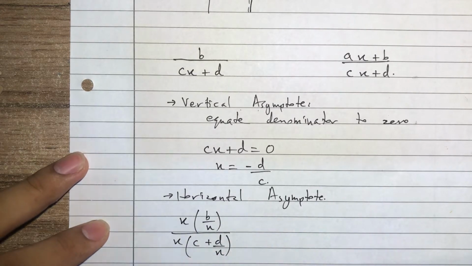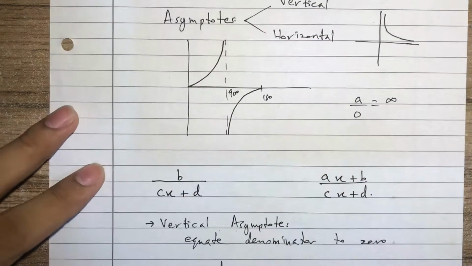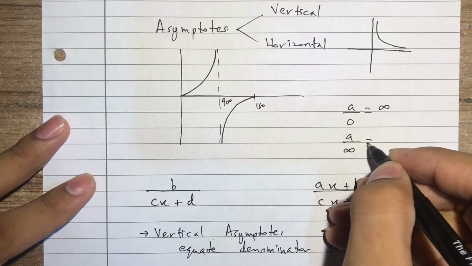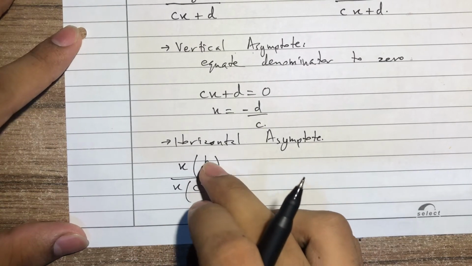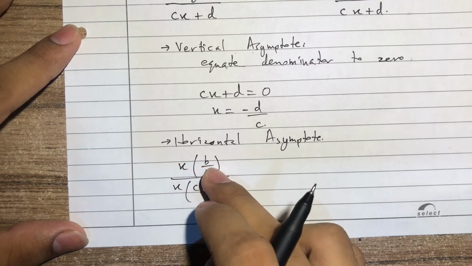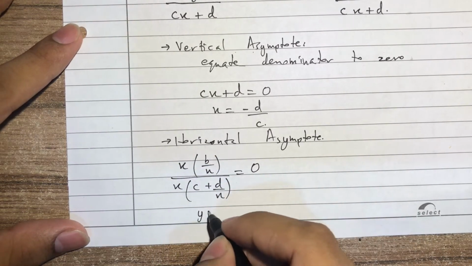Now again, horizontal asymptote was the value of y when x is very large or undefined. So if anything is divided by infinity, it's 0, right? So when x is very large, b upon x will become 0. So if the numerator becomes 0, the horizontal asymptote will be 0, that is y equals 0.